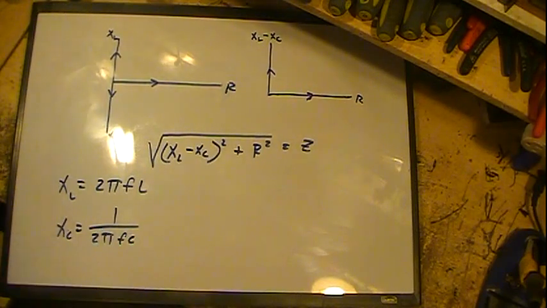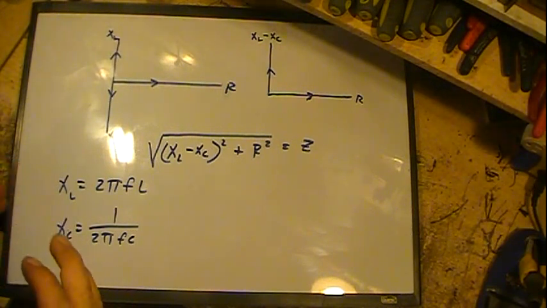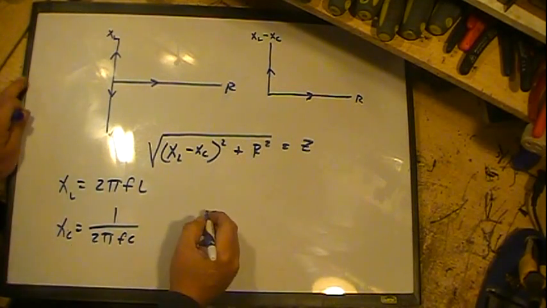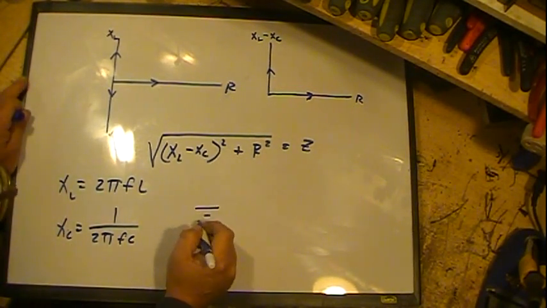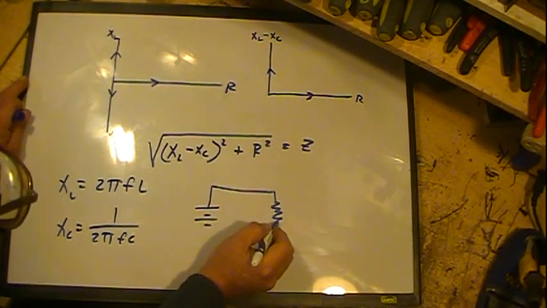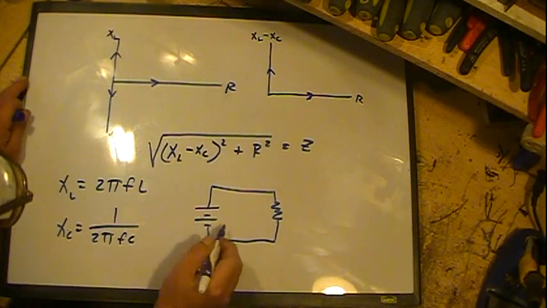Everything's in ohms. Now why even have impedance? I want to touch on that real quick. This video is getting really long. The reason for impedance is when you look back at a DC circuit only, what you deal with is a voltage source, say a battery, and some load, which in this case will always be a resistor in DC.